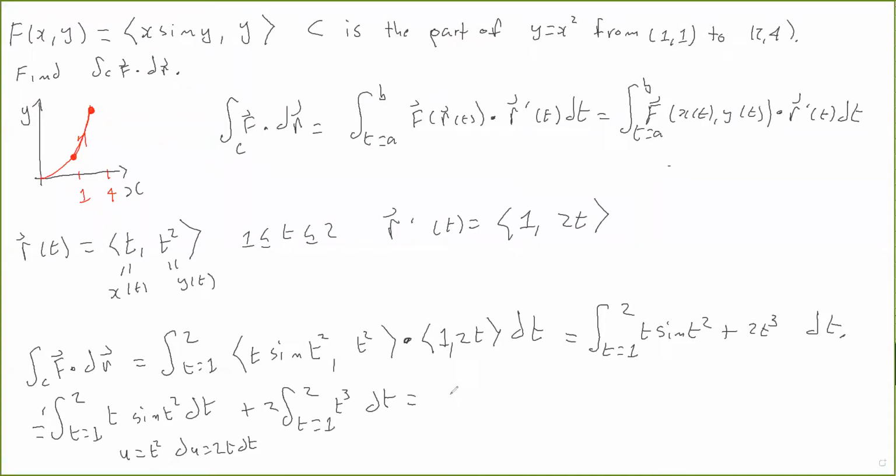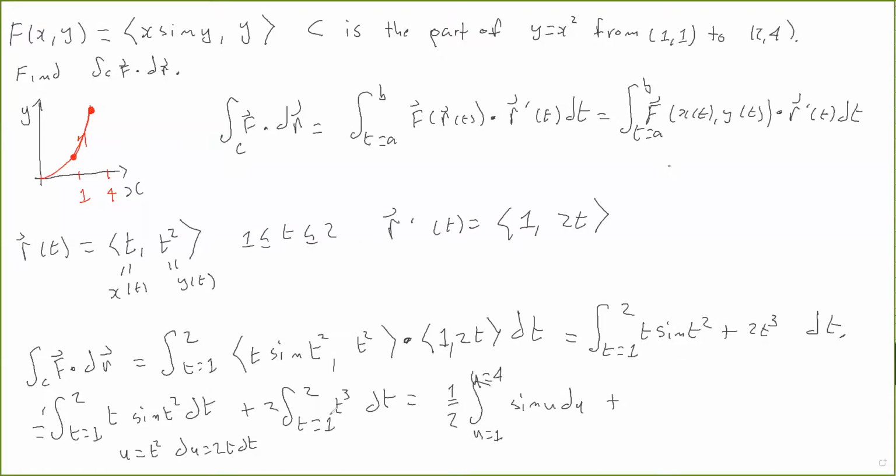The first integral will have 1/2 times the integral of sine u du. For the bounds, u is equal to t squared, so if t is equal to 1, the bottom bound is going to be 1, and if t is equal to 2, the top bound is going to be 4.